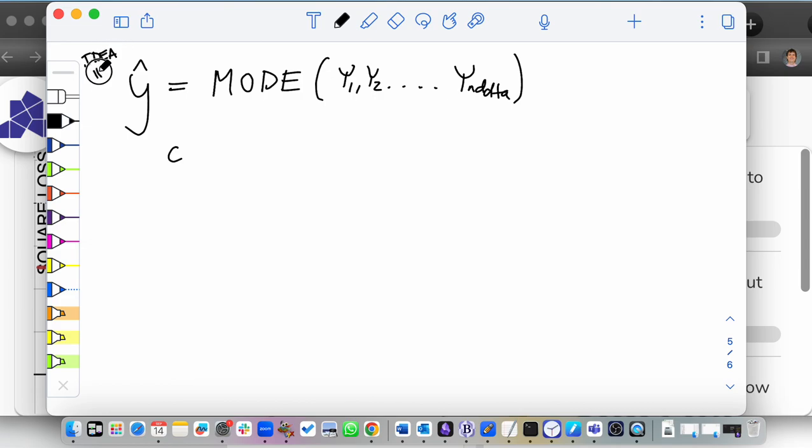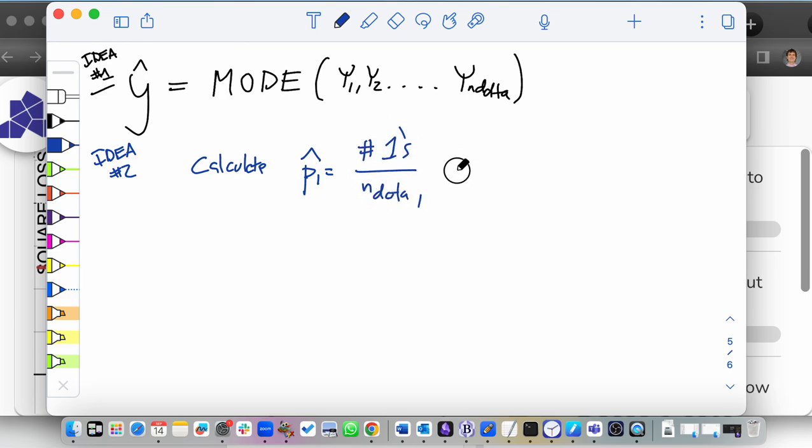Idea number 2 is to calculate P1, which is the probability of coming up 1, except it's not the exact probability, it's the estimated probability, P hat 1, and that's going to be the number of 1s divided by n data, and then P hat 2 is going to be the number of 2s divided by n data. So we're just going to count how many times did we get 1, how many times did we get 2. Call those things P1 hat, P2 hat, the estimated probabilities, all the way up to P4 or whatever.